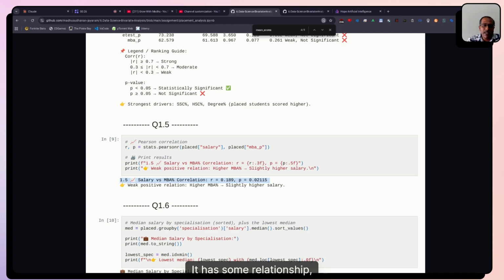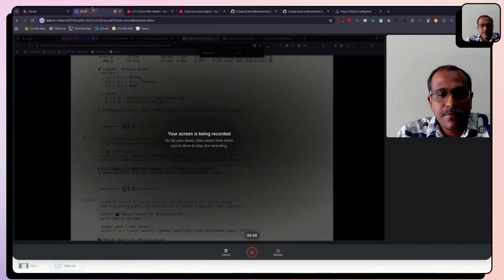It has some relationship, but it doesn't show a strong relationship. Whoever has scored a higher MBA percentage may get a higher salary, but the relationship isn't strong. This is how we can interpret the result.